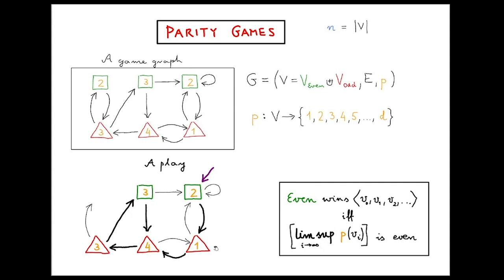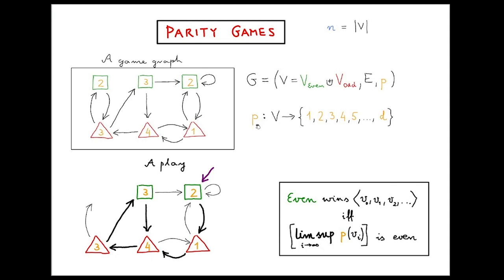The resulting play here: this edge is chosen by even, then this edge is chosen by odd, and then this edge is chosen by odd, this edge, that edge, and forever the two players interact to form a path which consists of the prefix and infinite repetition of this three-cycle.